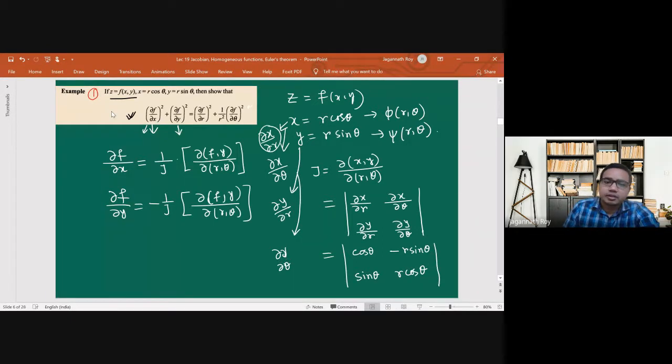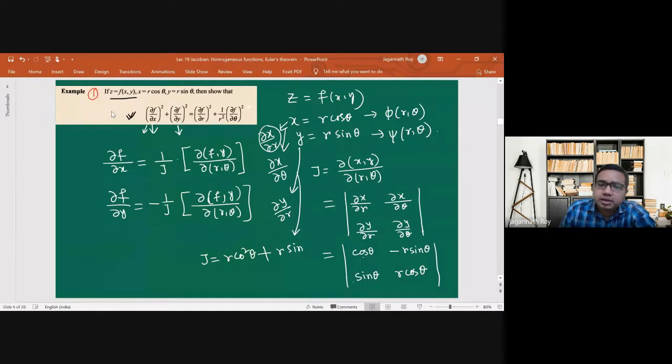Okay. Now if we evaluate this determinant, then J is r cos square theta minus of negative r sine square theta.